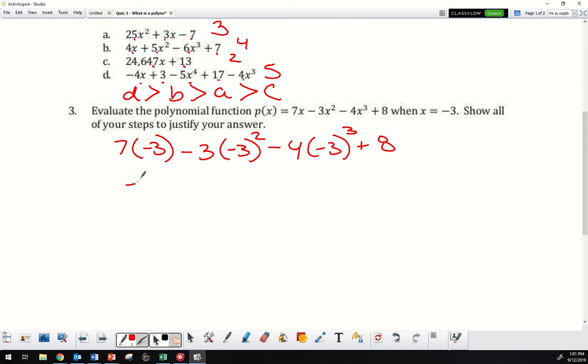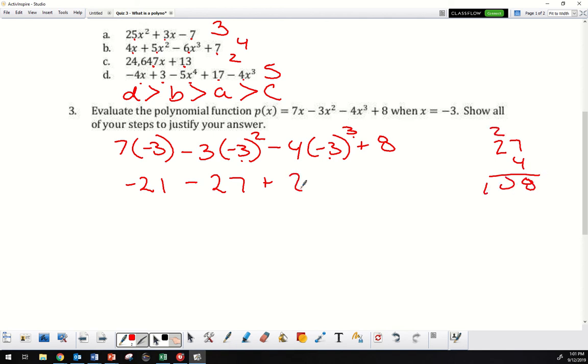So this is going to give me a -21. When I square this, it's going to be a +9 times -3, so that's -27. And then -3 to the third power is going to be -27. -27 times -4, which is a positive, 27 times 4 is 108.